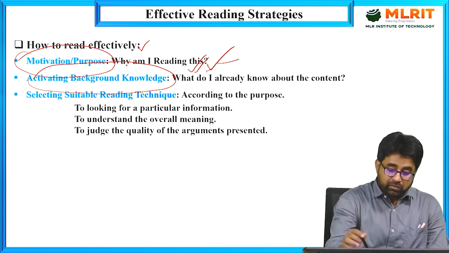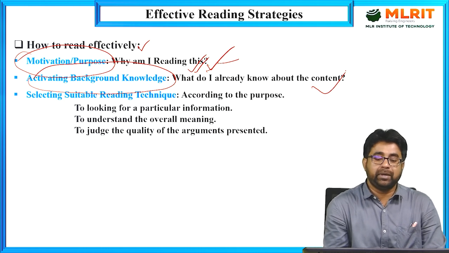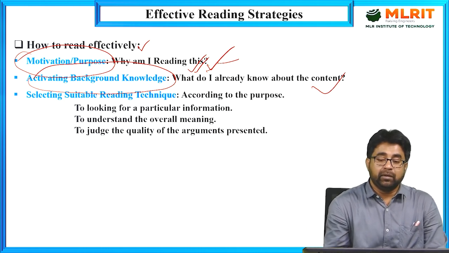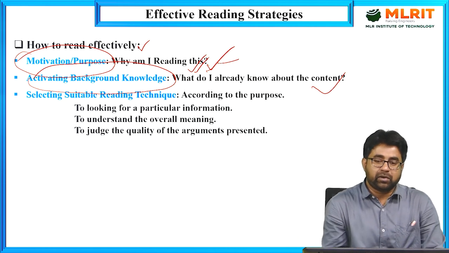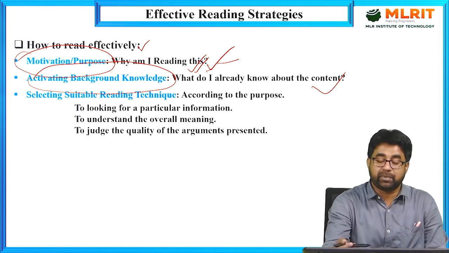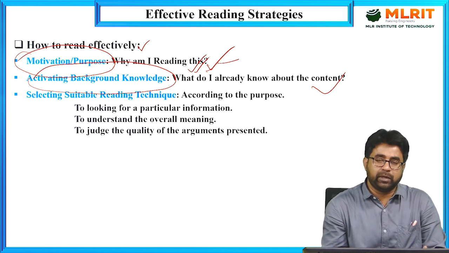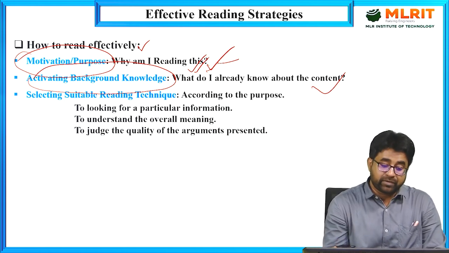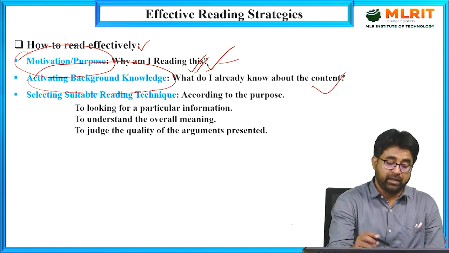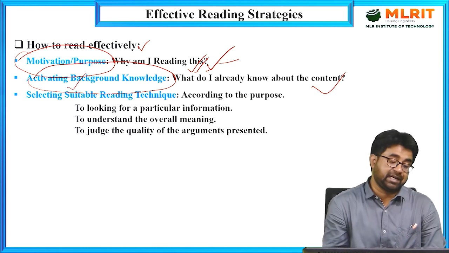If I activate my background knowledge, I would be curious to read, because I would be looking at whether my existing knowledge will get upgraded by this particular piece of writing. So I will get further motivation and be able to concentrate more on the process of reading, right? Activating background knowledge is the second important step.